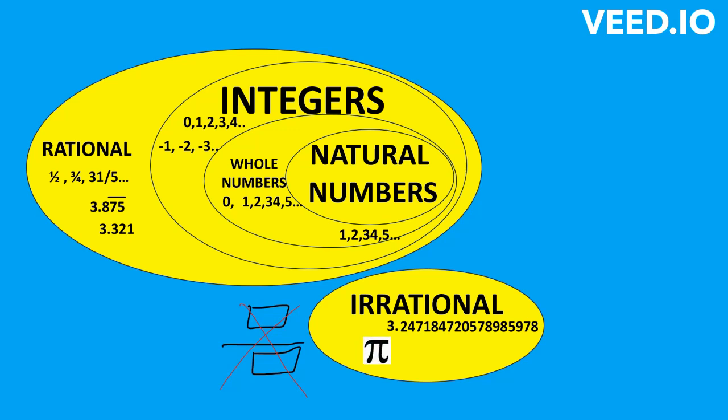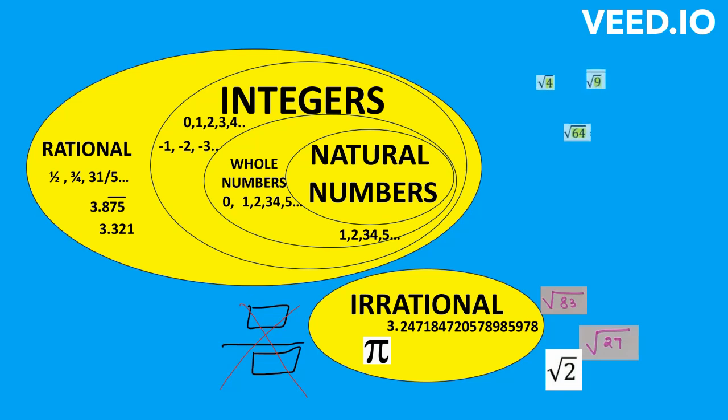Pi is also an irrational number. No one knows how many decimals it has. We also have square roots of imperfect squares. The result is also an irrational number.